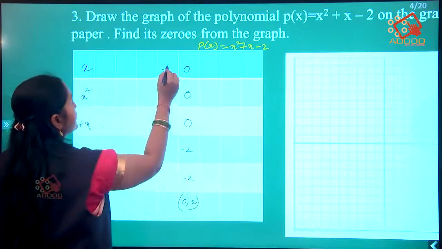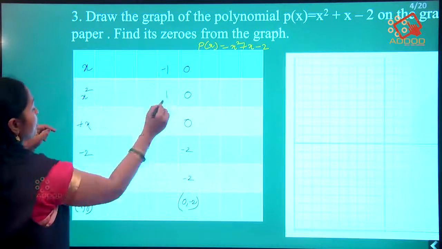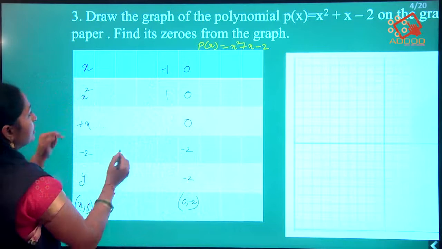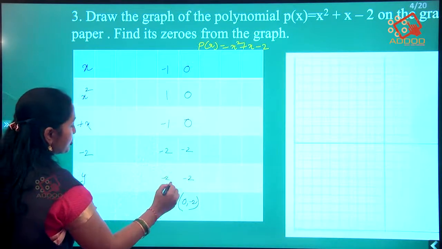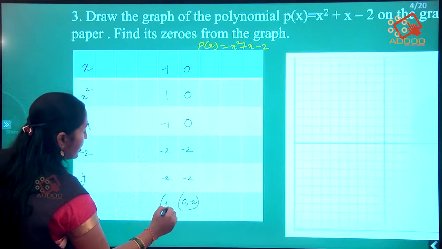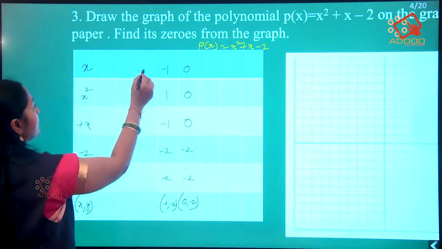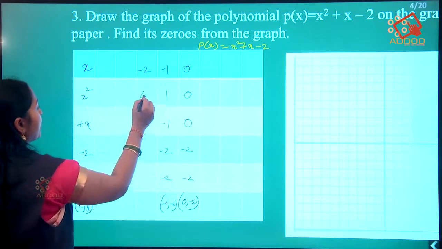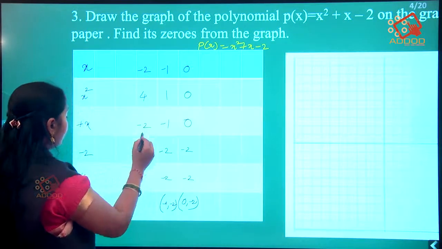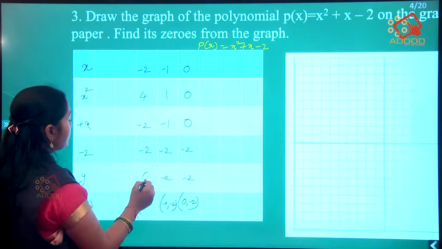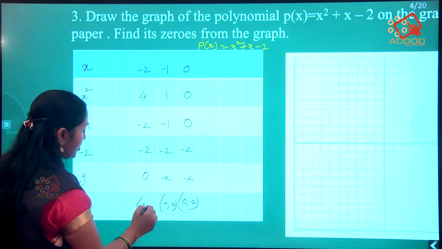Now I am taking minus 1. X square becomes plus 1, plus x is minus 1, minus 2, so it is minus 2. So minus 1 comma minus 2. Next I am taking minus 2, so it is plus 4, minus 2, minus 2, 0: minus 2 comma 0.